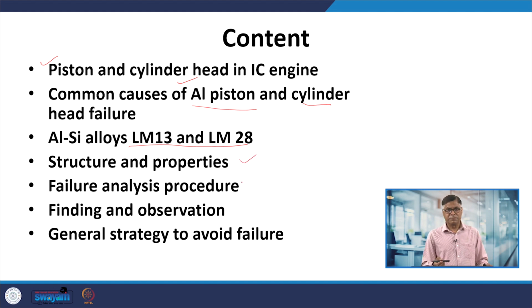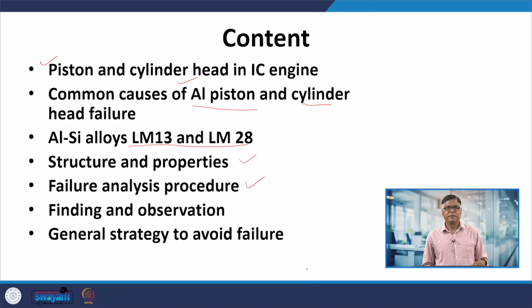Considering the symptoms, the composition and the properties of the aluminum alloys, and the preliminary examination of the failed components, a suitable failure analysis procedure is established, then findings and observations, and general strategies to avoid the failure.